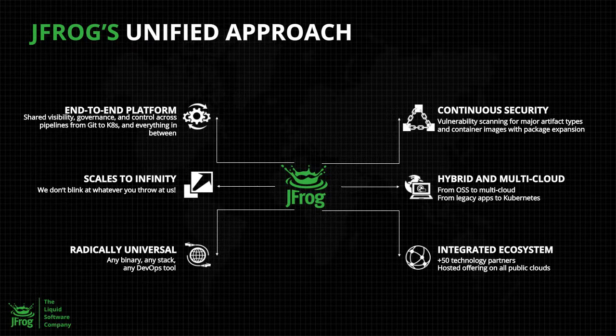First of all, our products are built with a goal to provide universal support, which means that we started with Artifactory as a universal binary manager, which means that it supports many package types, not only Java or Docker, but we are supporting more than 25 package types for today. But we are also universal in the way you can integrate Artifactory with the ecosystem.